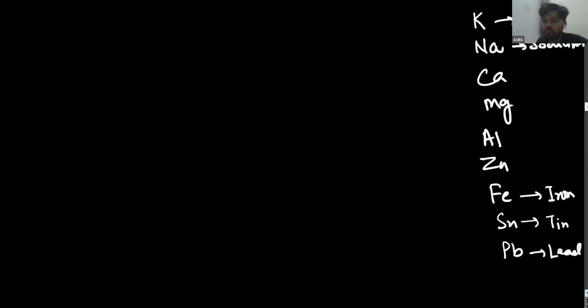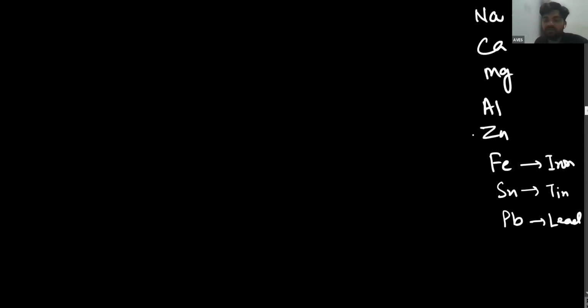Now moving below, this is the reactivity series, but we put a non-metal in it, and these are all metals, but this one is a non-metal, and that is hydrogen. This hydrogen helps us understand why some metals react with acids.